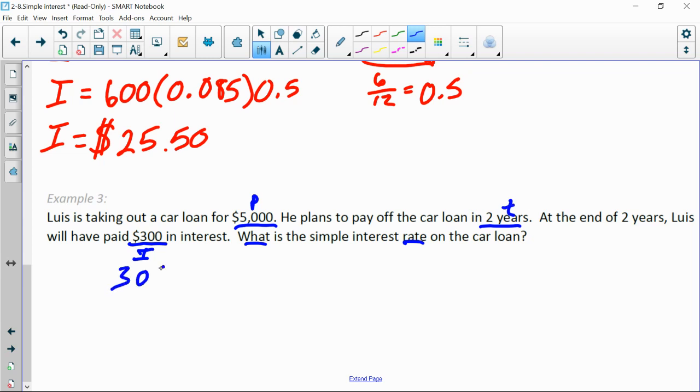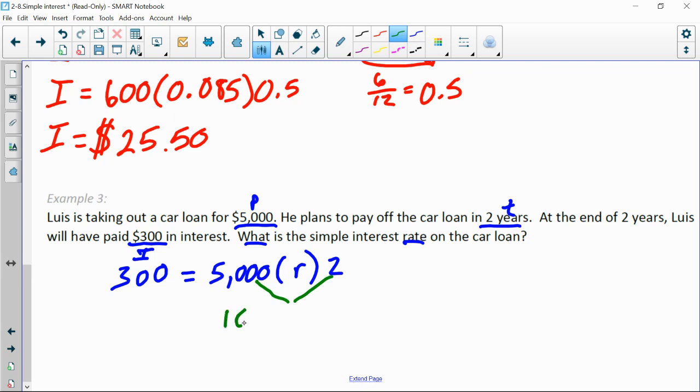We have 300 equals 5,000 times R times 2. So basically it's going to be an equation. Take these two and multiply them.